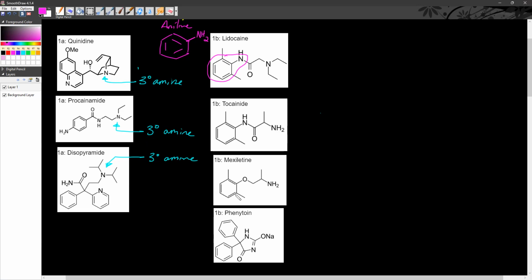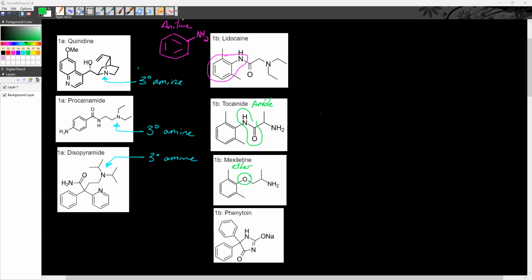But in general, most of these drugs are going to follow the same sort of format. You'll notice that mexiletine is essentially the same as tocainide, where instead of having this amide here, they swapped it out for the ether. So let's talk about this. Here we have the amide moiety. What does swapping it out for an ether do? How is this going to change the molecule? Decrease metabolism.